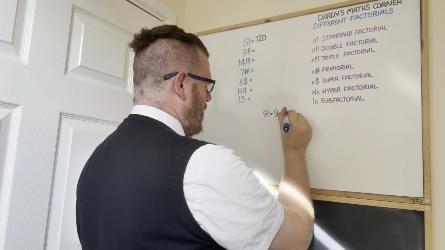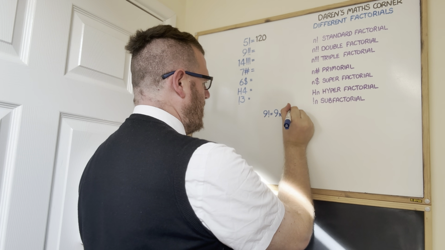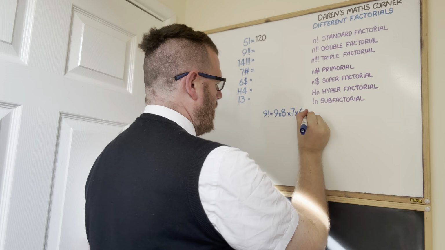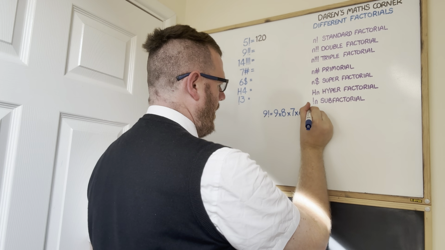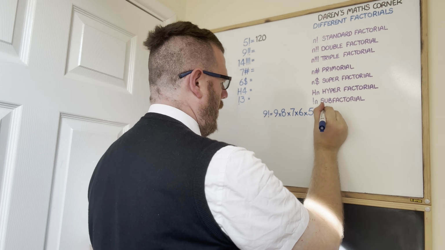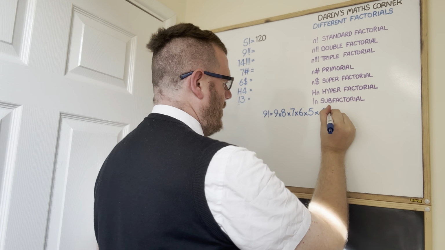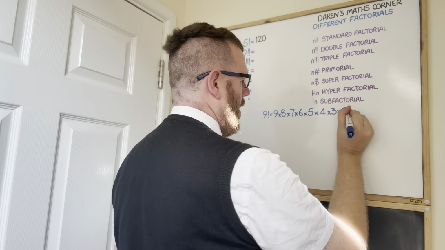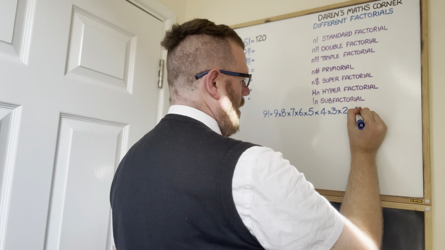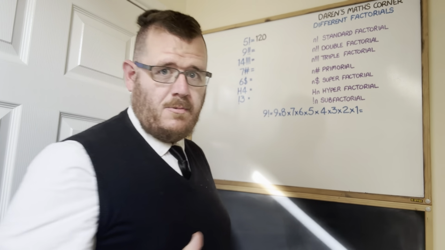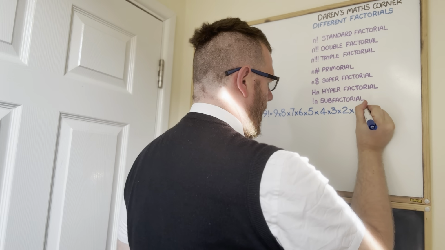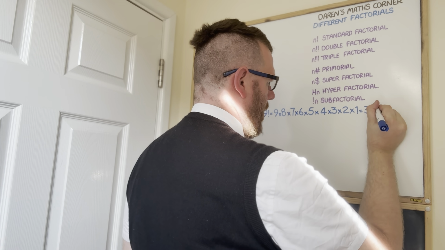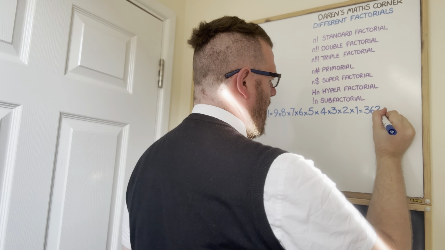So you've got 9 times 8 times 7 times 6 times 5 times 4 times 3 times 2 times 1. Now, in an earlier video you did see me work this out, and this is what your answer is when you do 9 with a standard factorial.